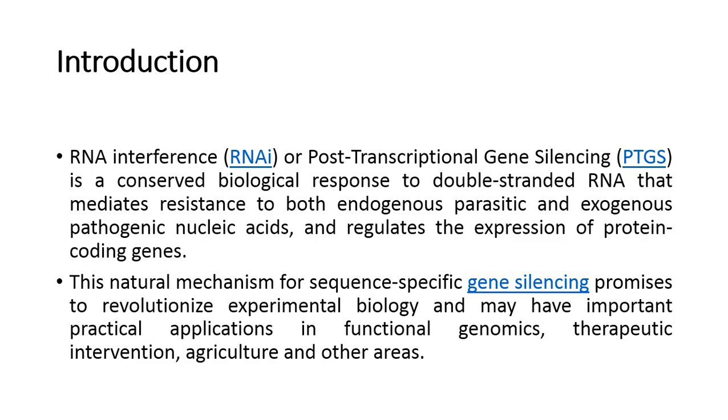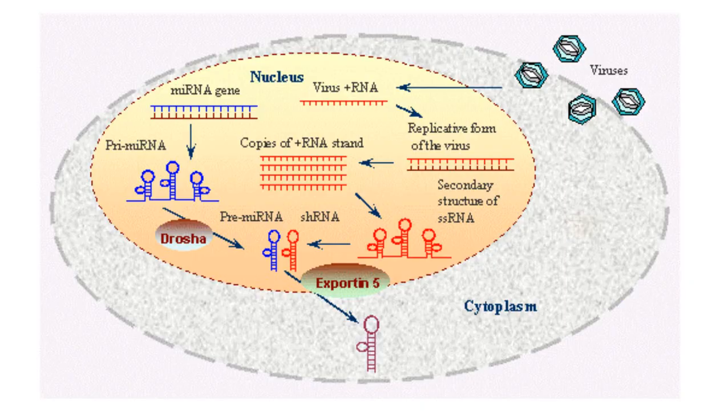Now I'll show you a diagram. So this is the virus. When they infect the cell, they inject their RNA into the cell. These RNAs are replicated and form secondary structures like the stem loop, and from the stem loop, pre-miRNAs are formed.